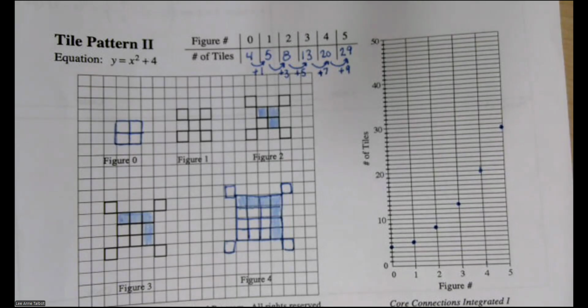I finished that. Yeah. Five was running. Wait, five?